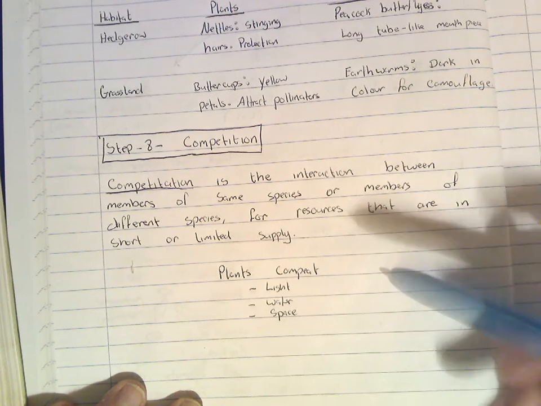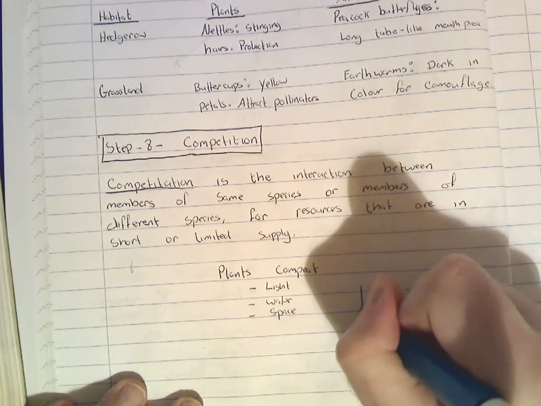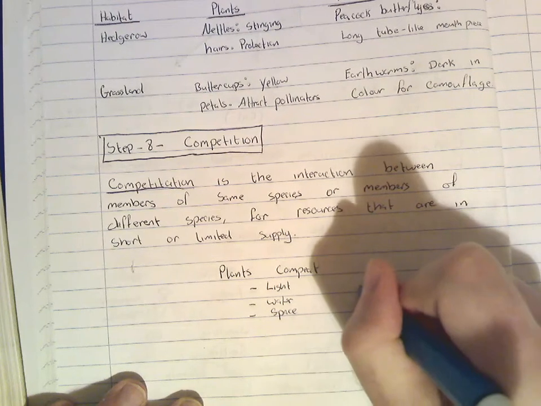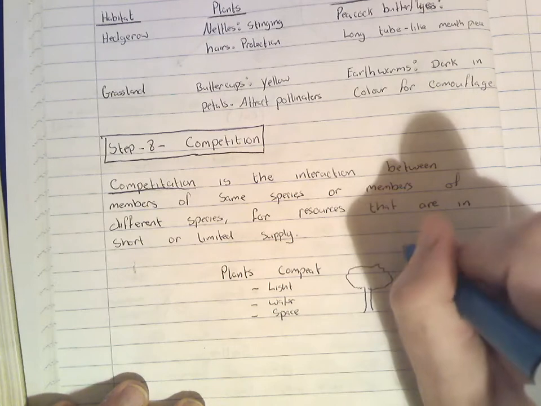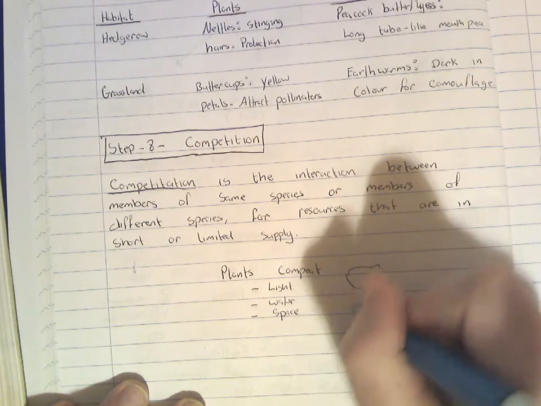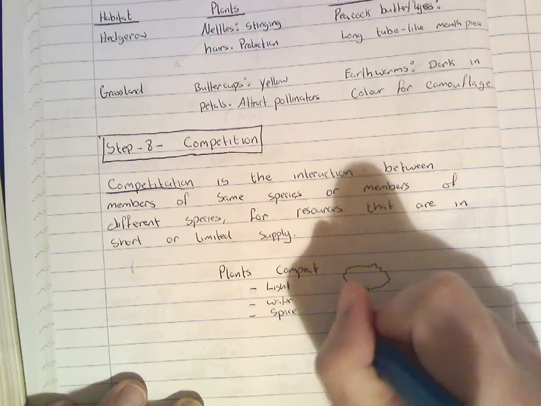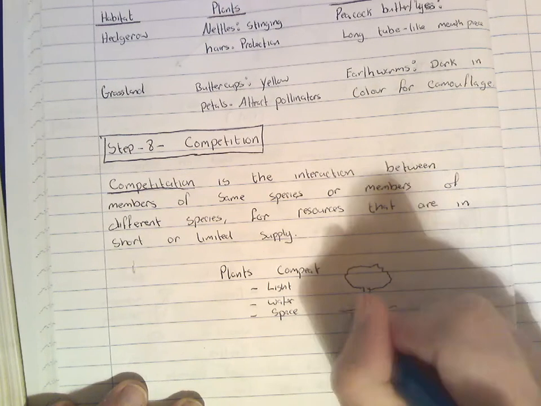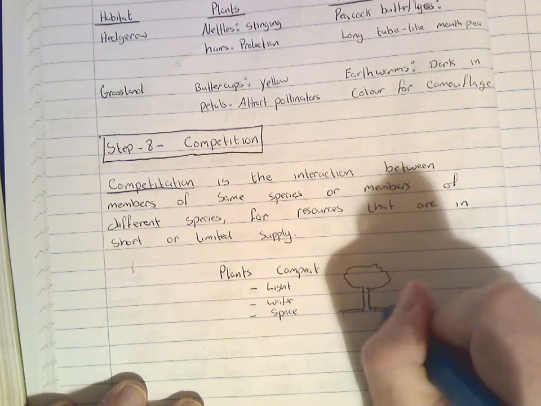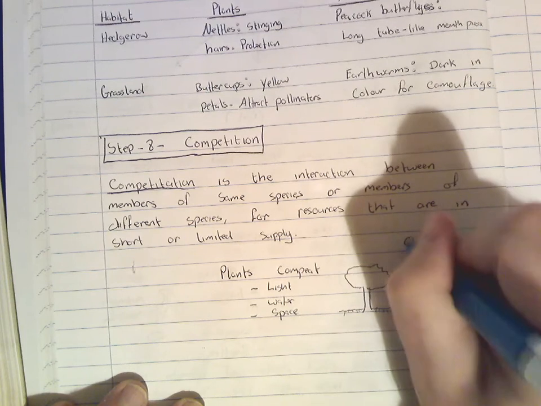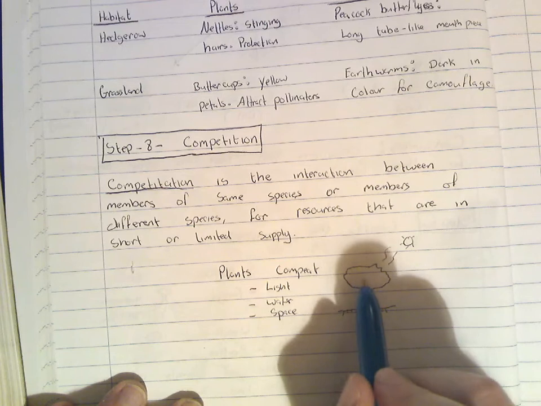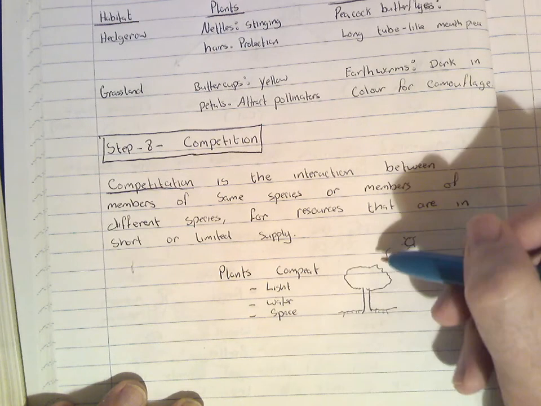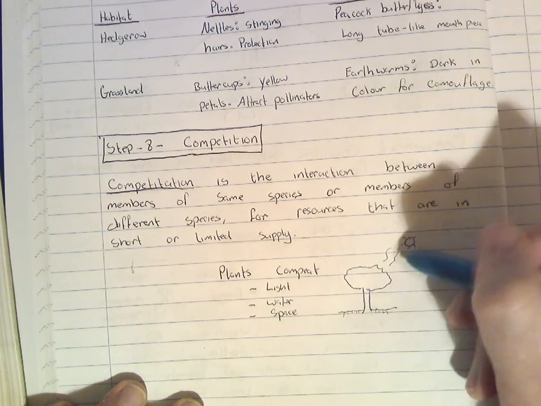You may get some trees with really big canopies, and they're going to outcompete anything on the ground underneath their shade. They may even grow taller so that they get more of the sun.